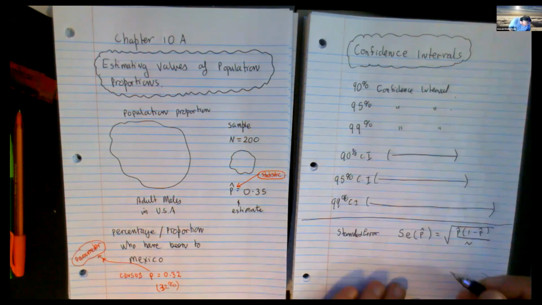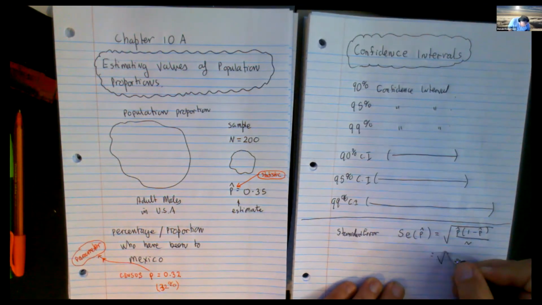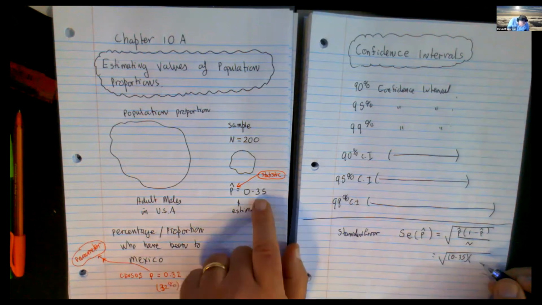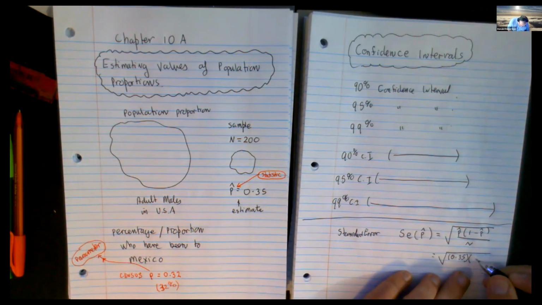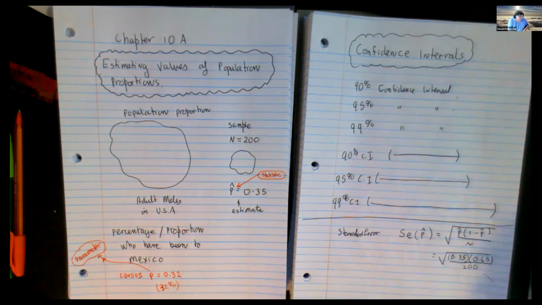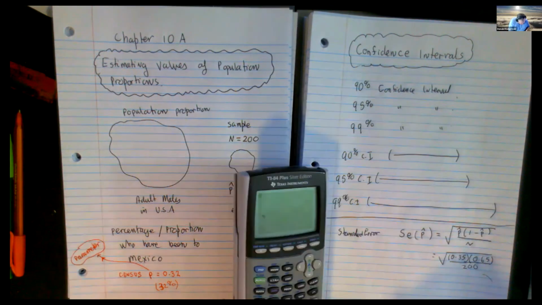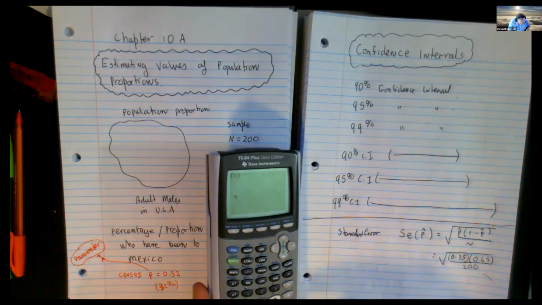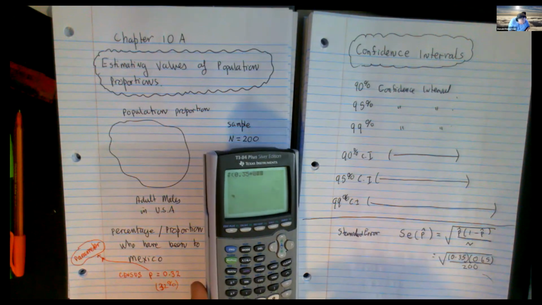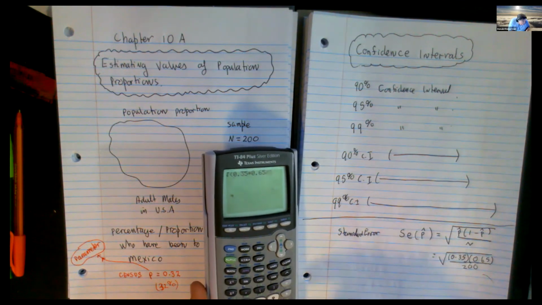So in this particular one, p hat is 0.35. 1 minus p hat, well, if you take that away from 1, you get 0.65. And in this case, you divide by a sample size of 200. So I go and I type in the square root of 0.35 multiplied by 0.65 and divided by 200.